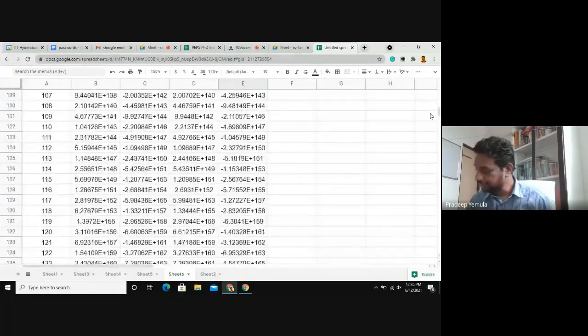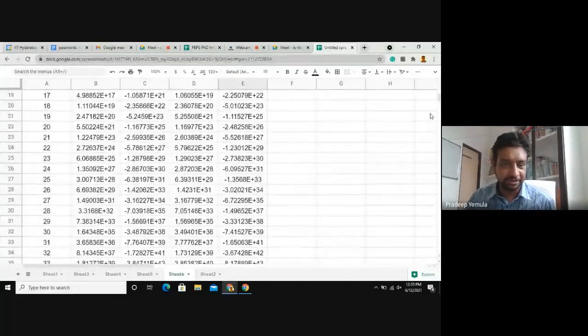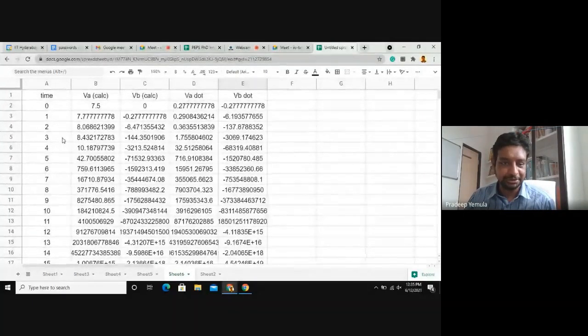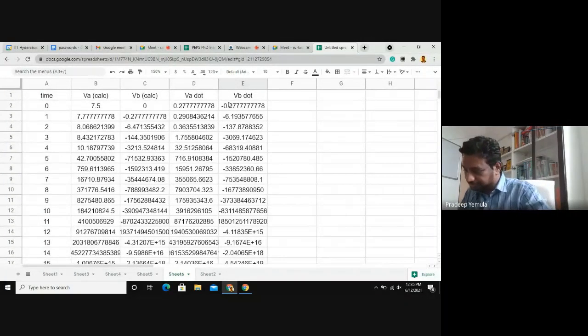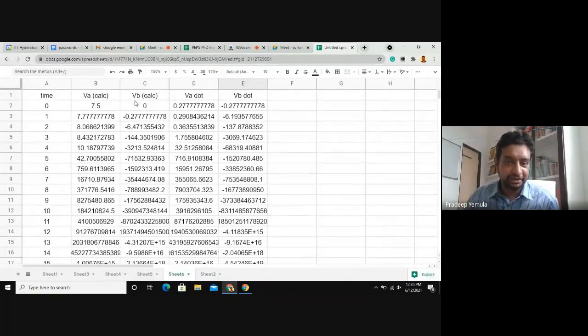I think somewhere we have missed a plus or minus. So in regular terms we say the simulation is diverging. But let's see. Okay, I think there's a problem with the minus sign.